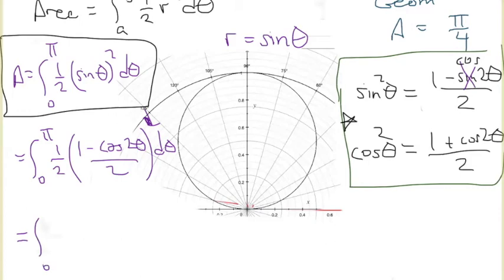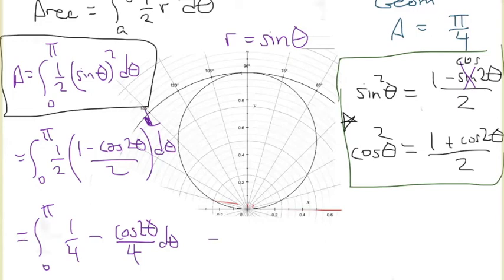So we're looking at 0 to pi. I'm going to distribute the 1/2 through, so I've got 1/4 minus the cosine of 2 theta over 4 d theta.